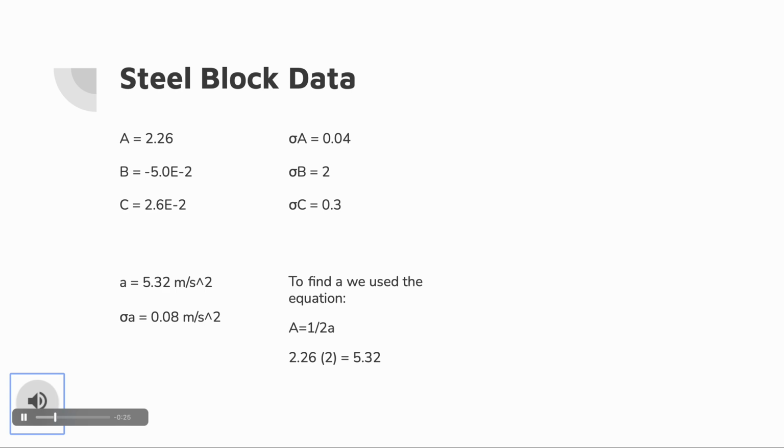Our B value was a negative 5.0 e to the negative 2, and our uncertainty was 2. And our C value was 2.6 e to the negative 2 with an uncertainty of 0.3. With that being said, we calculated our acceleration with those values, and it being equal to 5.32 meters per second squared with an uncertainty of 0.08 meters per second squared.